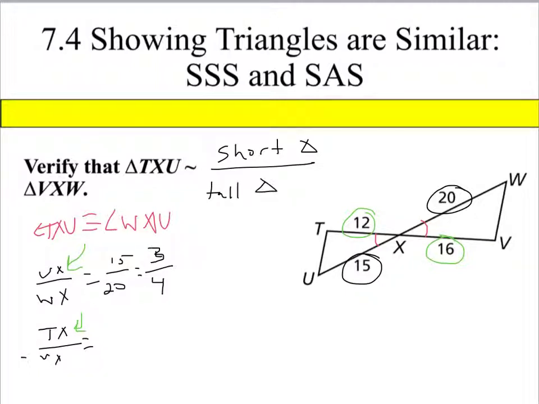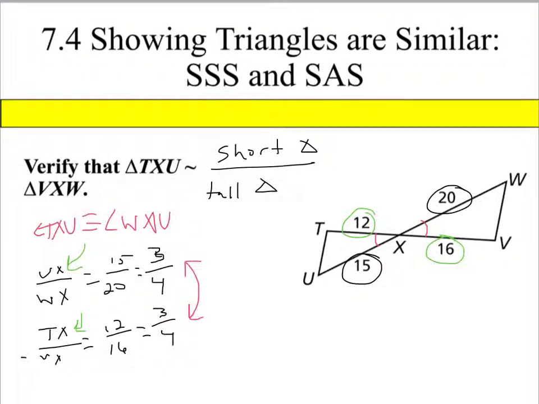I use that same exact idea for both ratios, and I need to. So I now have 12 over 16, and I could simplify this by dividing each by 4, and I get 3/4. Oh, my goodness, look at that. They are the exact same.